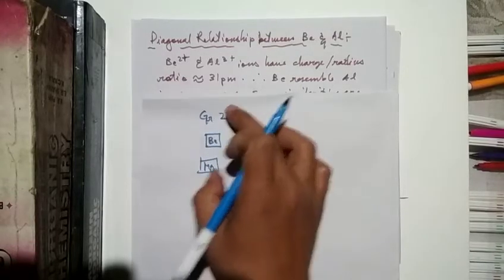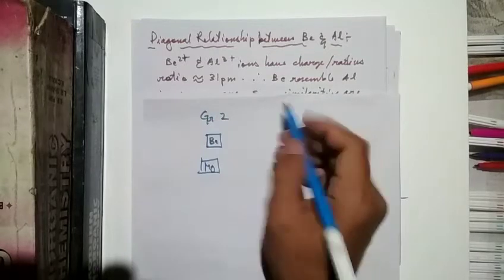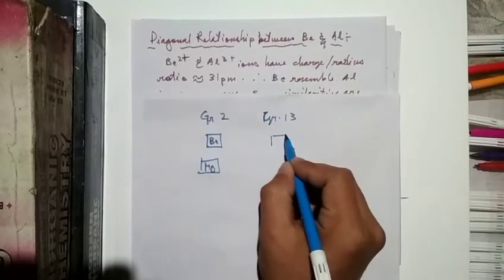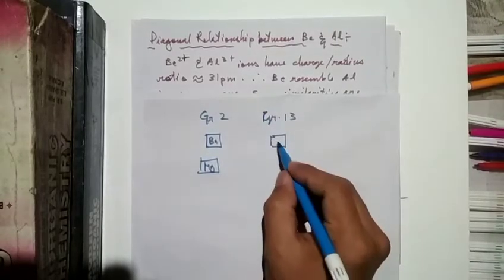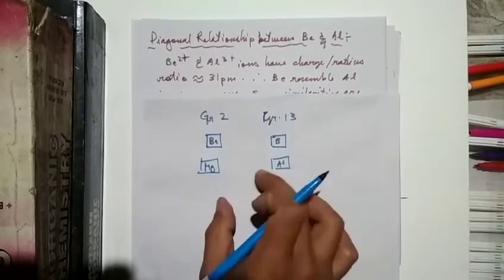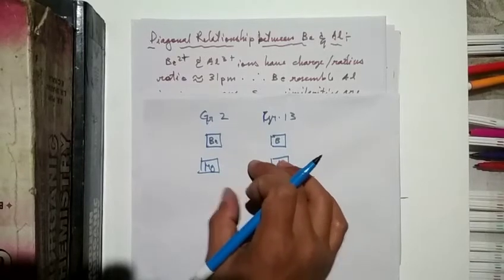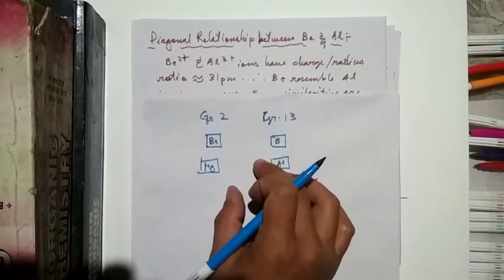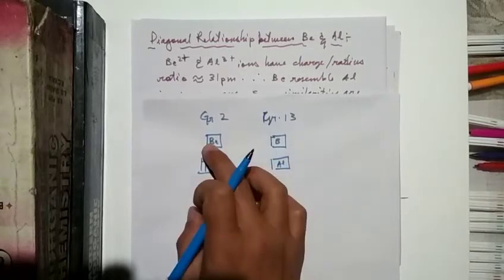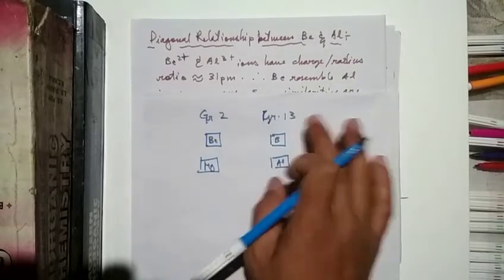Then the group next to group 2 is group 13, boron and aluminum. The d block elements are not included. So the next group next to group 2 is 13, and then after that 14, 15, and so on.